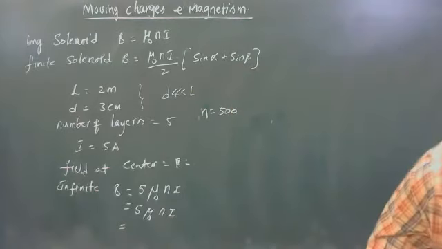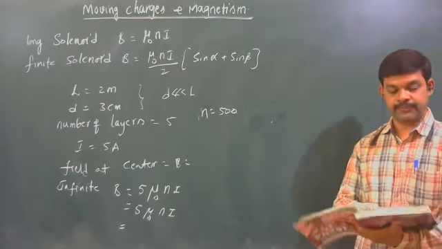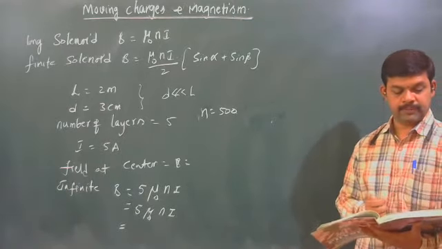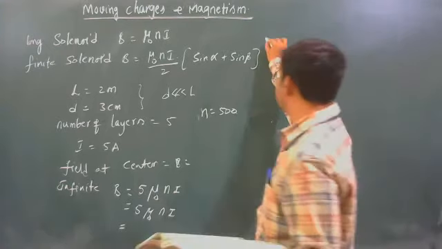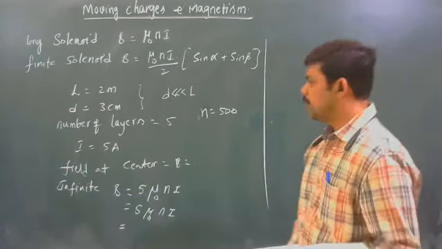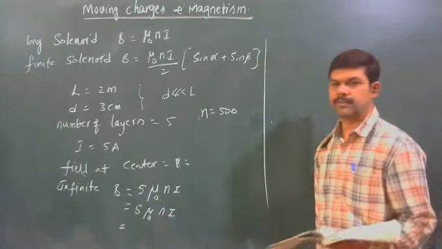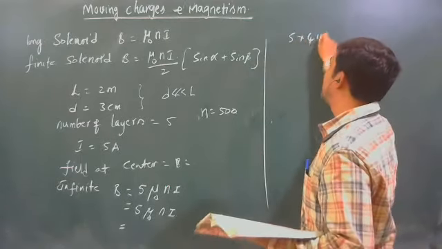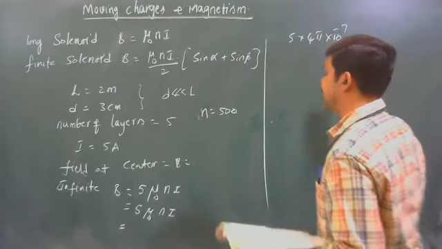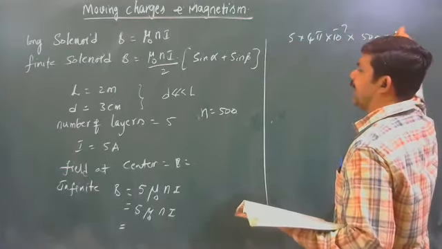Solve and tell the answer. 5, 4 pi into 10 to the power of minus 7, n i.